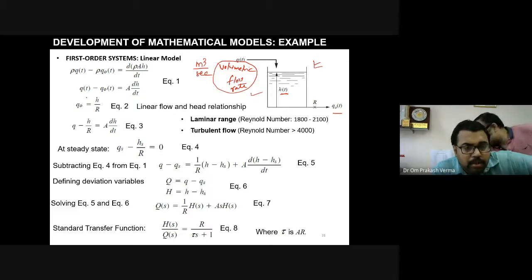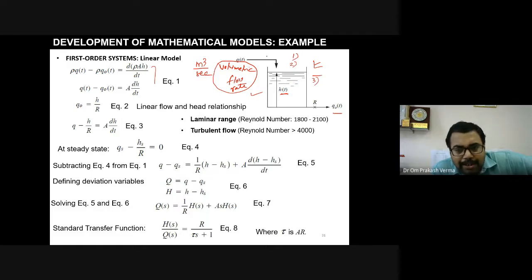Okay, so now we are going to develop the model of this system. So how will the model be developed? We have to write the three equations we have already seen. First one the mass balance, second the component balance, third one the heat balance or energy conservation.